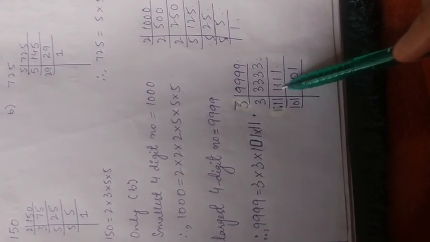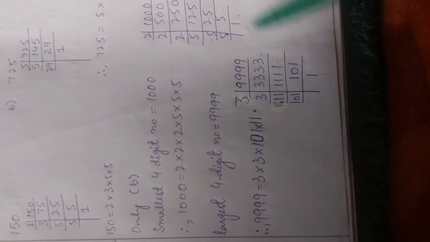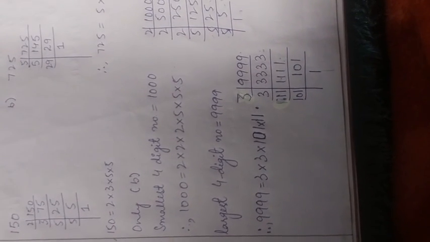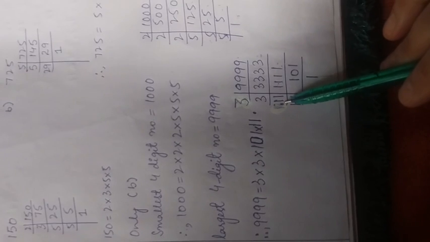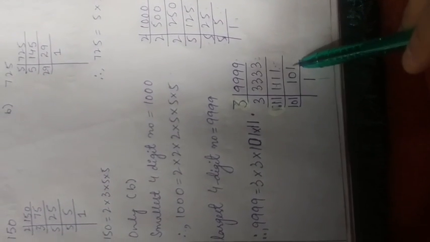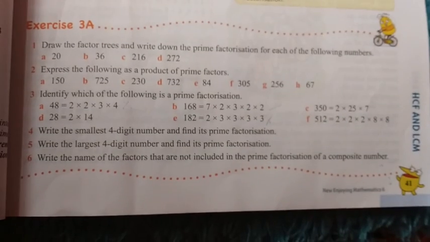Fine. So 1111, if I check the tables, it is not coming in any table until I come to the table of 11. So 11 into 101 is 1111. So 101 into 1 is 101. So the prime factorization will be 3 into 3 into 11 into 101.